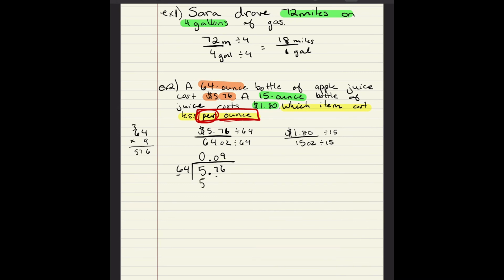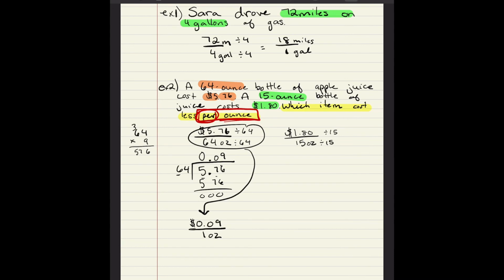So then we get a perfect answer. So for this one, we were dividing by 64, so it's 1 ounce down here. And we divided to find how much it costs for 1 ounce.